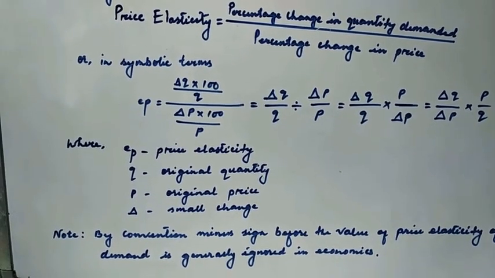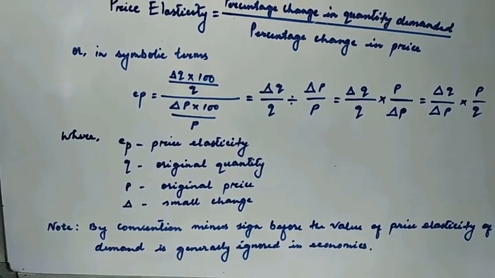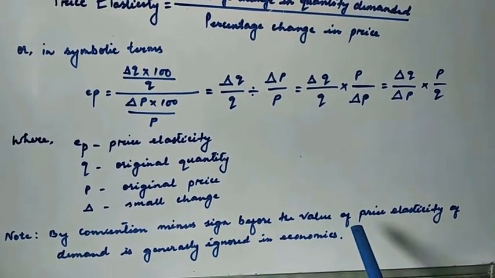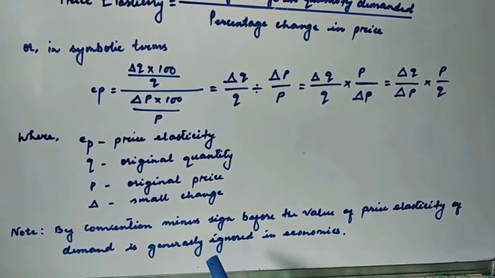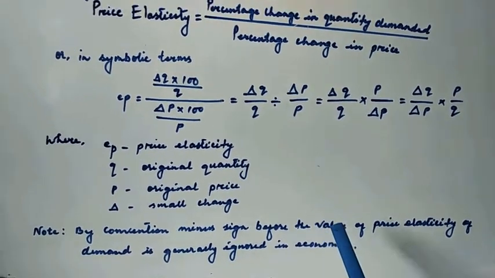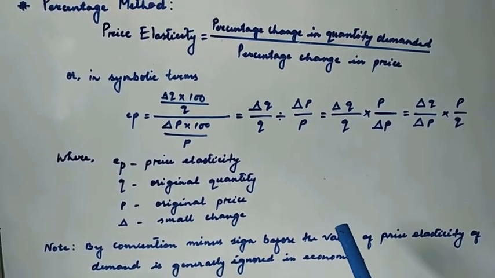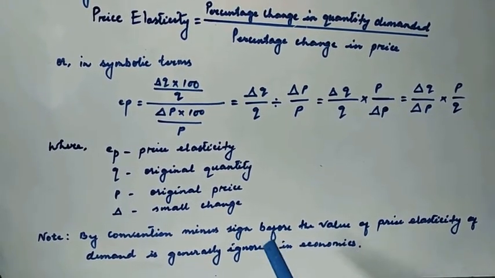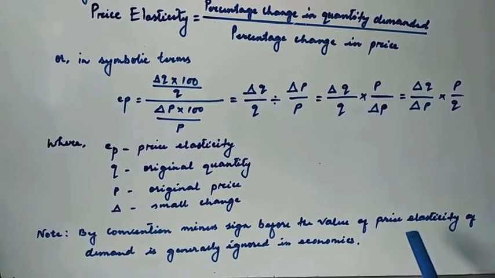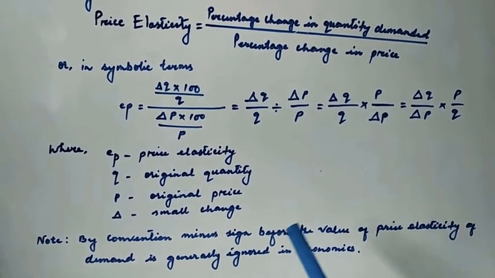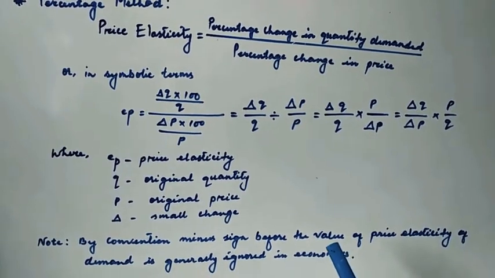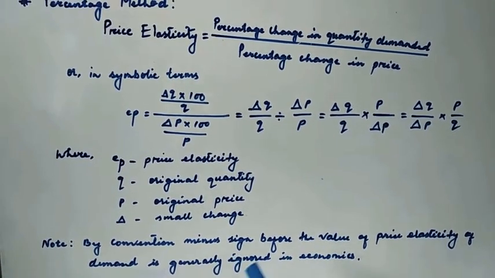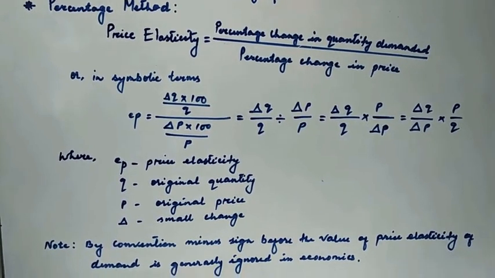But by convention, the minus sign before the values of price elasticity of demand is generally ignored in economics. So when calculating price elasticity, we ignore the minus sign, and we shall explain this in the numerical problems.